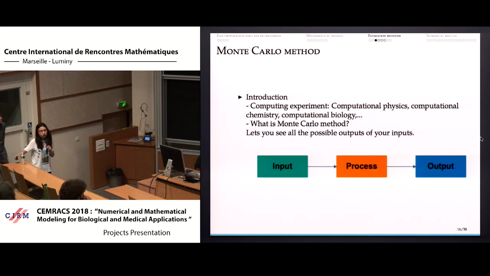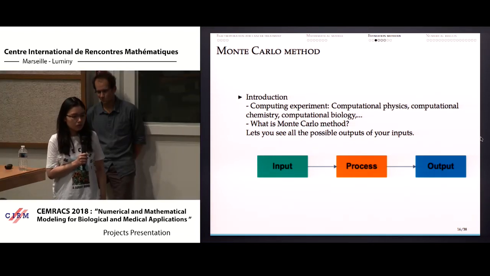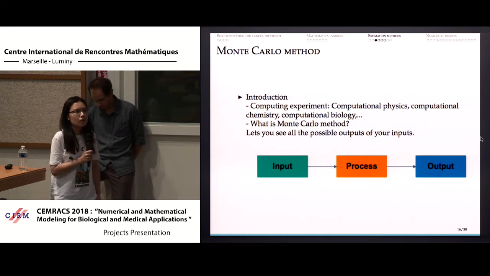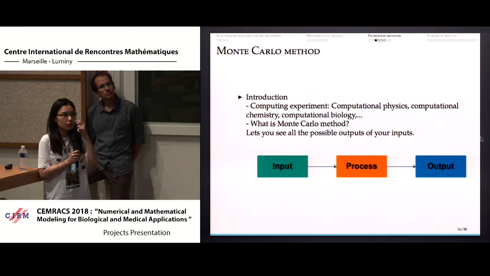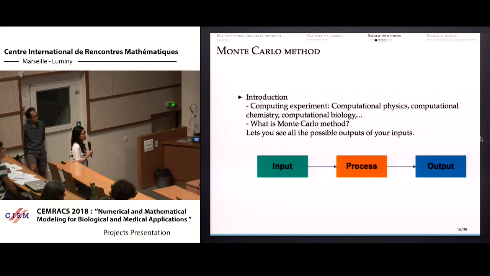Okay, thank you, Gaspar. Now we talk about the Monte Carlo methods. At first, we say a little bit about the computing experiment. Computing experiment, what is this? It applies the computer to solve a problem by performing computation based on a mathematical or physical model, using quantitative computation and relative parameters.